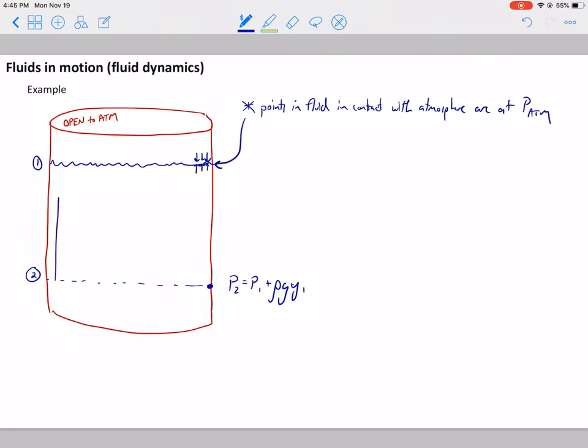Y1 is just going to be the depth of the fluid at that particular point. And then we have our pressure that comes from the pressure at the top, which is atmospheric pressure, plus this other term that comes from the depth of the fluid. So this is exactly like what we had before. No difference there at all.